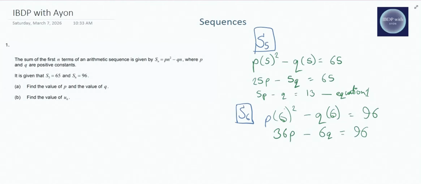Now divide everything by 6, so it will be 6p minus q equals 16. So this is our equation 2.